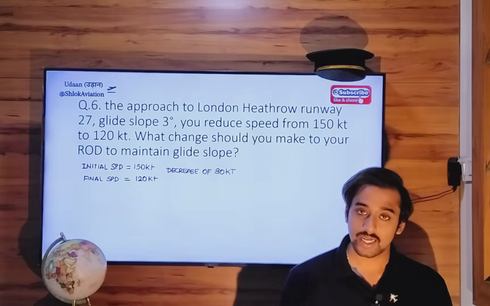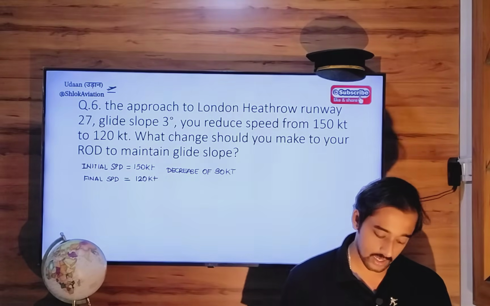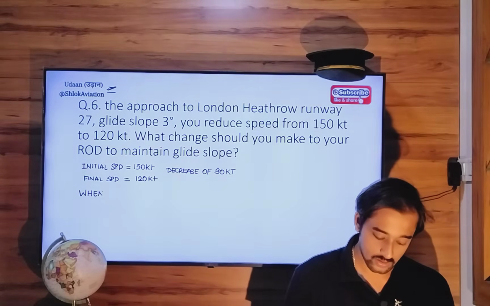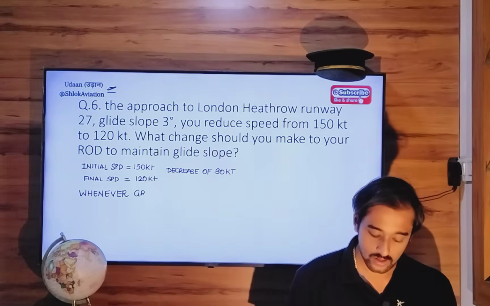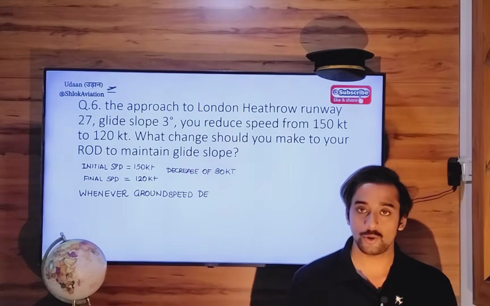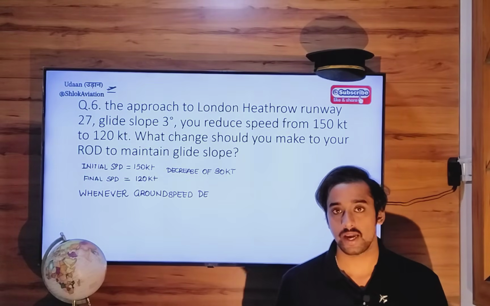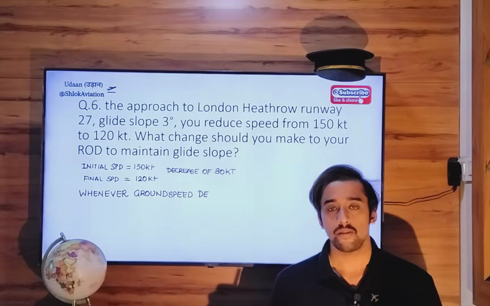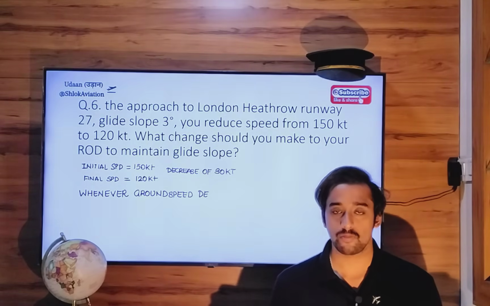Now, whenever there is a decrease in ground speed, it is either due to a change in headwind, that is an increase in headwind component, or the pilot chooses to decrease his ground speed on his own.